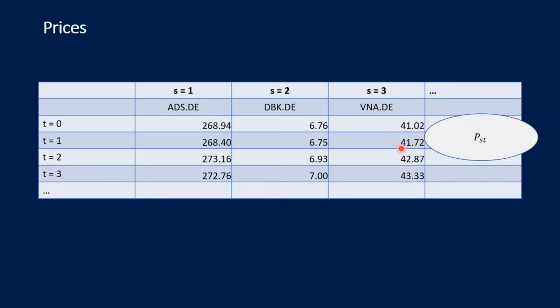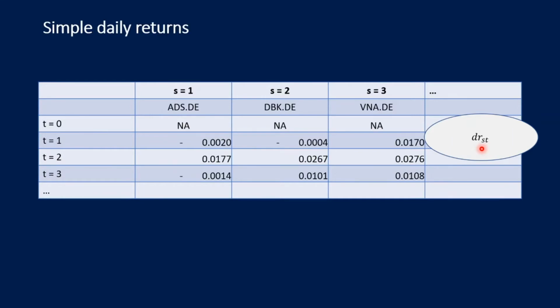Accordingly, each of these prices is denoted with a capital P for price and a lowercase s and a lowercase t for the stock S at time t. Now the simple daily returns are given by simple percentage calculus, and they are denoted with dr, daily return of stock S at time t.